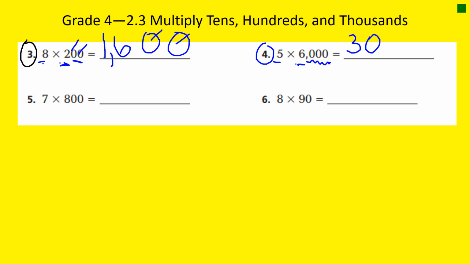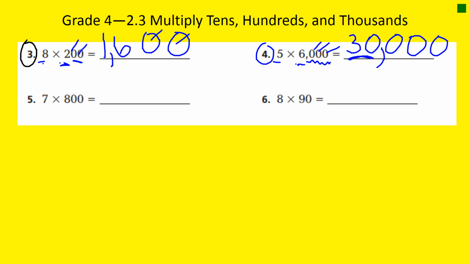So I need to make my answer 1,000 times bigger. 1, 2, 3. 1, 2, 3. I go 1 period over and put the comma. 5 times 6,000 is 30,000.